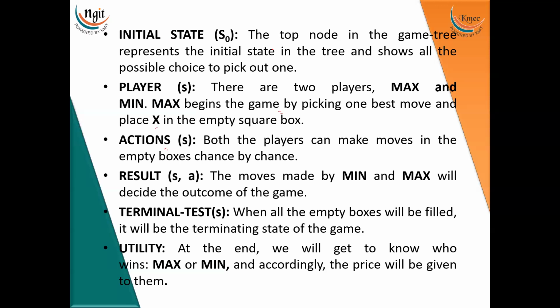Then result: the moves made by min and max will decide the outcome of the game. Terminal test: when all the empty boxes are filled, it is the terminating state of the game. And at last is the utility. At the end, we will get to know who wins, max or min, and accordingly the prize will be given to the player.